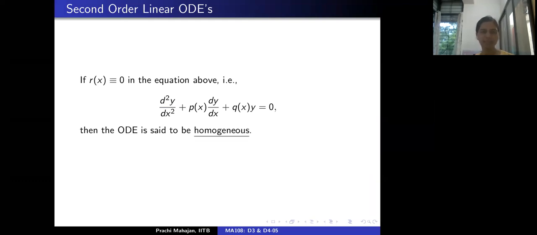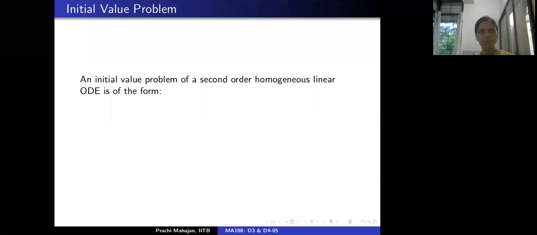So I have a second order linear homogeneous ordinary differential equation here in standard format. And otherwise, we say that the ODE is non-homogeneous, right? If we have a function r of x appearing on the right-hand side.